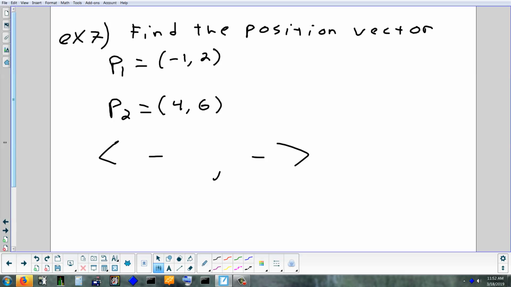And let's start with the horizontal. What's going to be my calculation to get the horizontal component of this vector? What minus what? Yep, we're going to have 4 minus -1. And Emily, how about to find the vertical component? 6 minus 2.